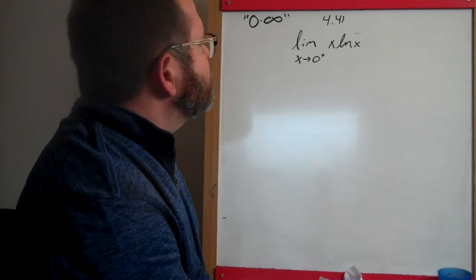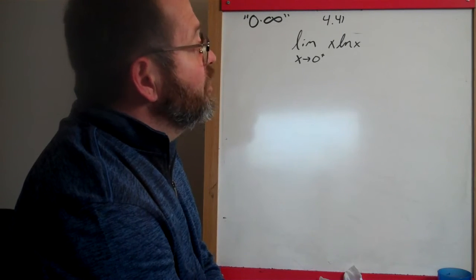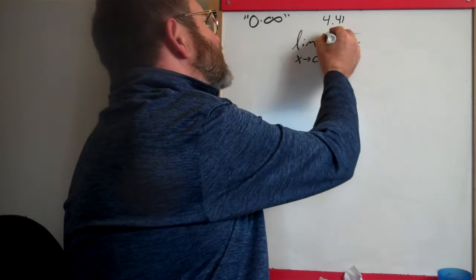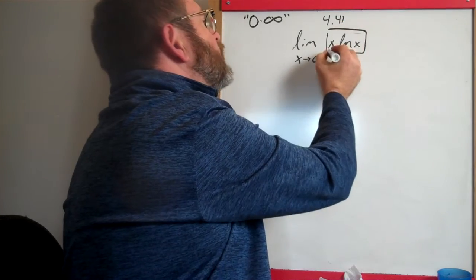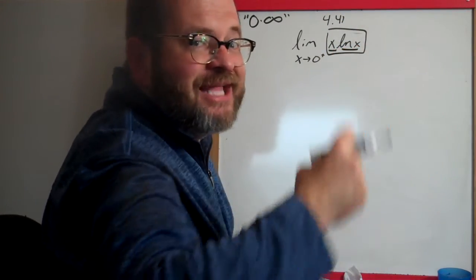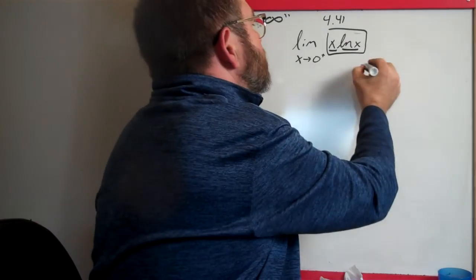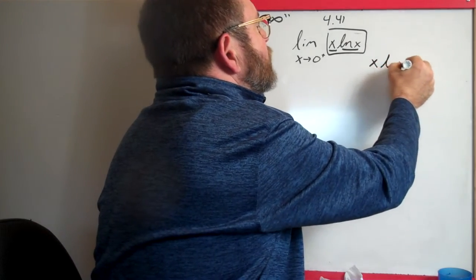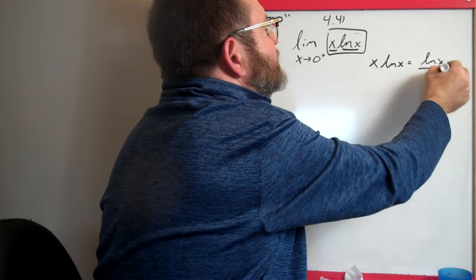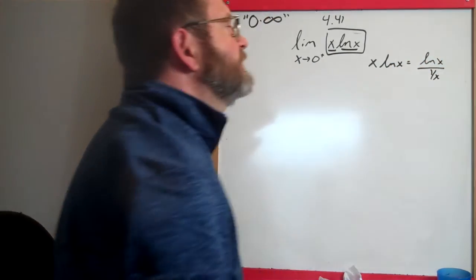But if we could just find a way to write this so that L'Hopital's rule would work, well, that would be okay. And so what we're going to do here is take one of these two offending terms right here, and rewrite it so that it's now in the denominator. If we had x log x, that would actually be the same thing as log of x divided by 1 over x.